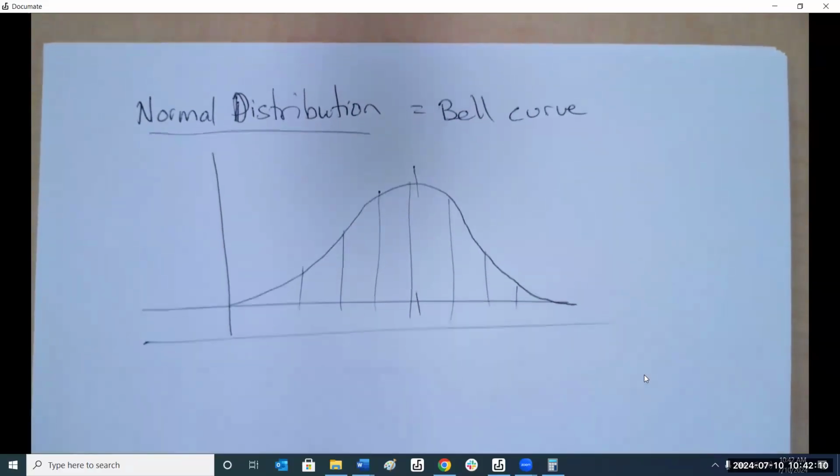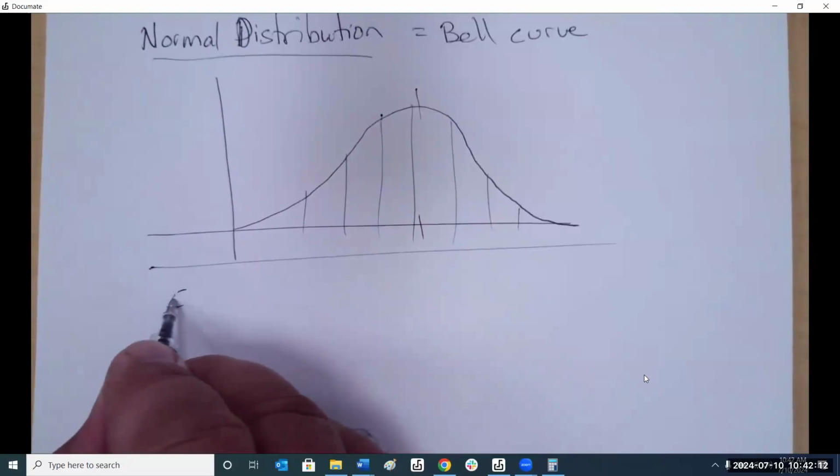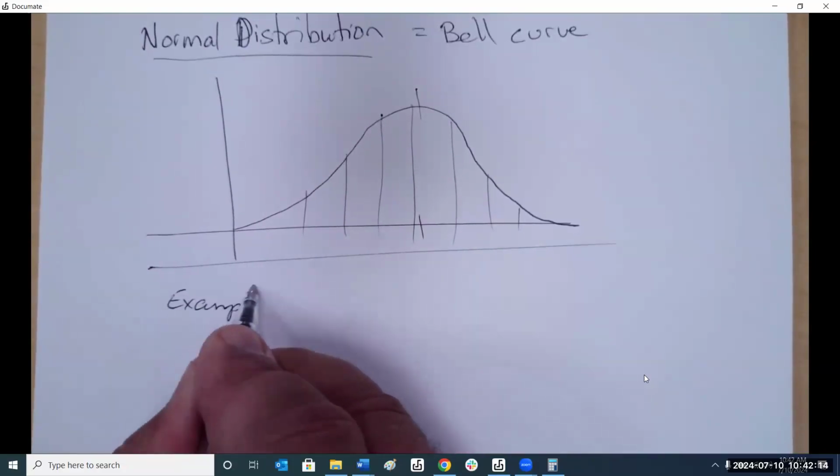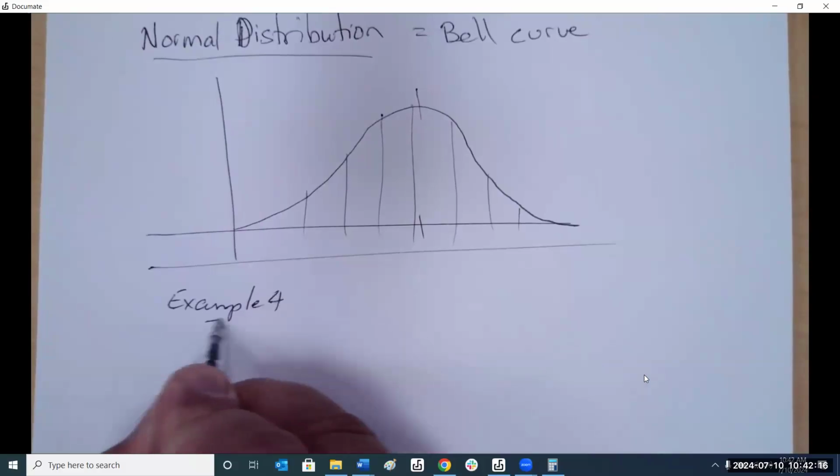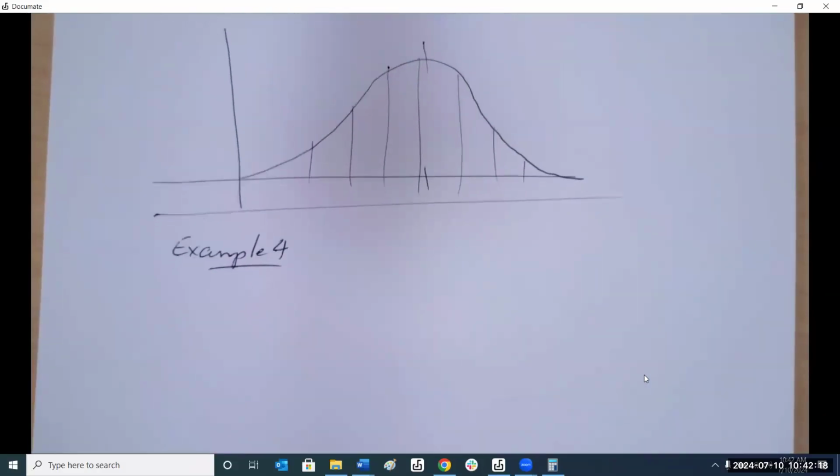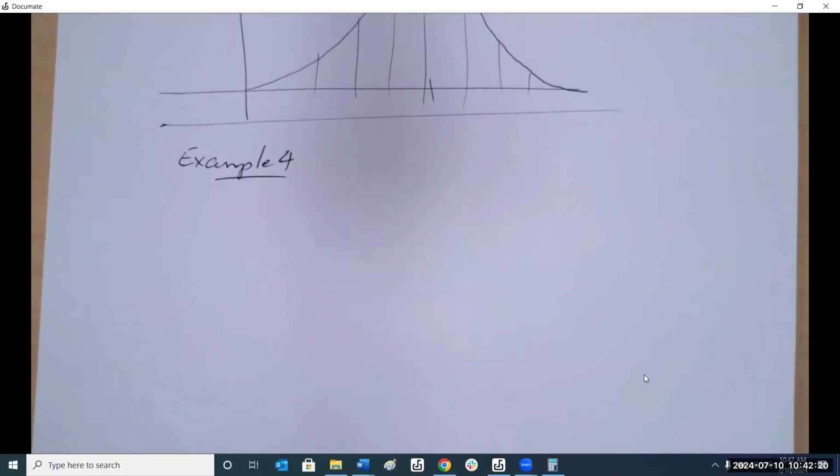Let's look at an example here. Example 4. Frequencies of last digits sometimes reveal how the data were collected or measured. Frequency of the last digit. Think about what that means. Why would the last digit be important?